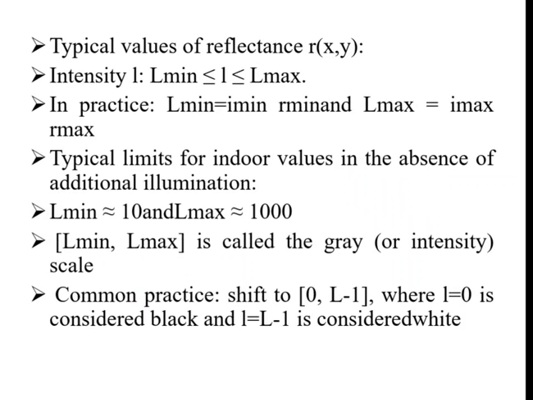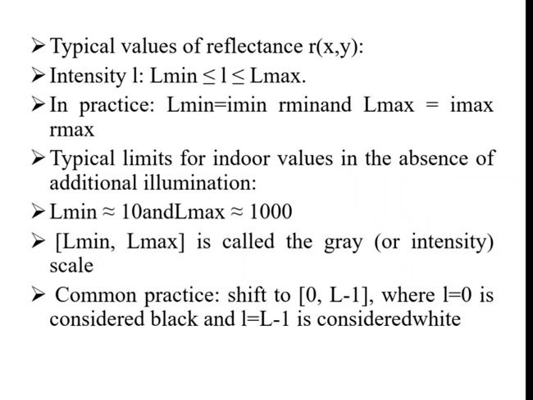Typical values of reflectance r of x,y. The intensity l lies between L minimum and L maximum, that is L minimum is less than or equal to l, which is less than or equal to L maximum. In practice, L minimum is equal to i minimum times r minimum and L maximum is equal to i maximum times r maximum, a combination of both i and r.